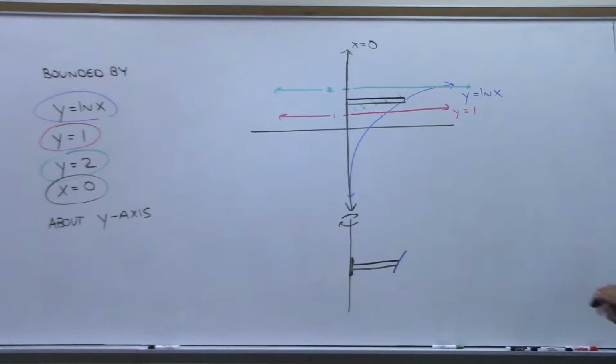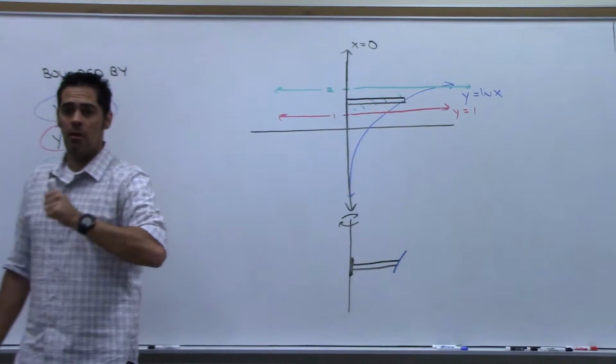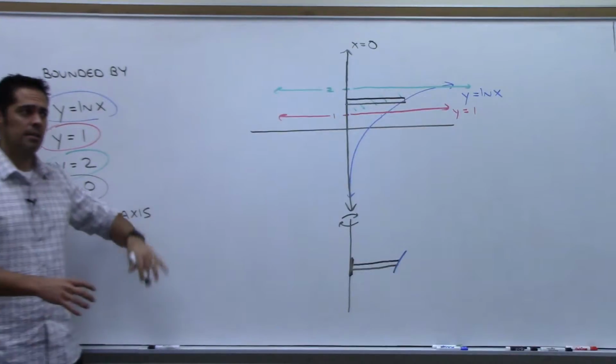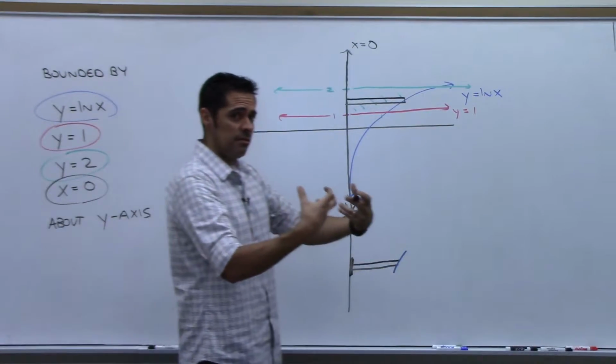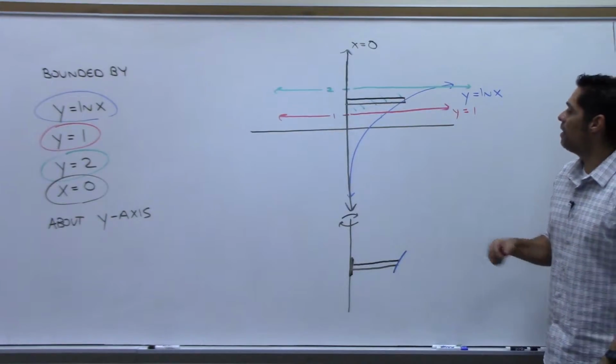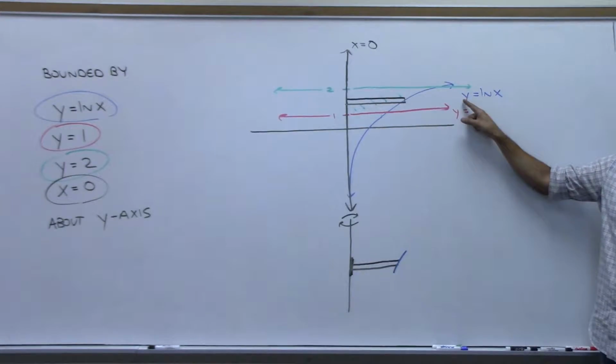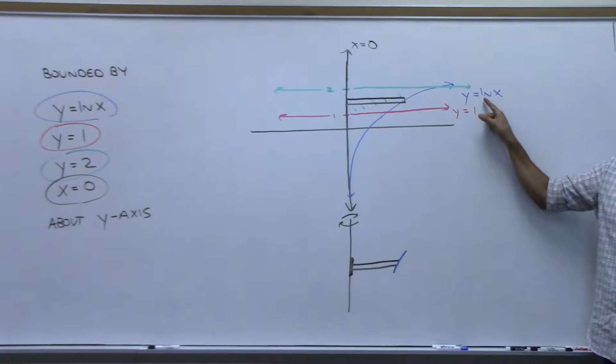So what am I going to have to do if I'm going to integrate with respect to y? All my curves have to be written as functions of y. The way that they're given to me, this is a function of x because it's solved for y. You need to solve that for x. So we take e to the y, taking e on both sides. That's what you do to kill off the natural log.